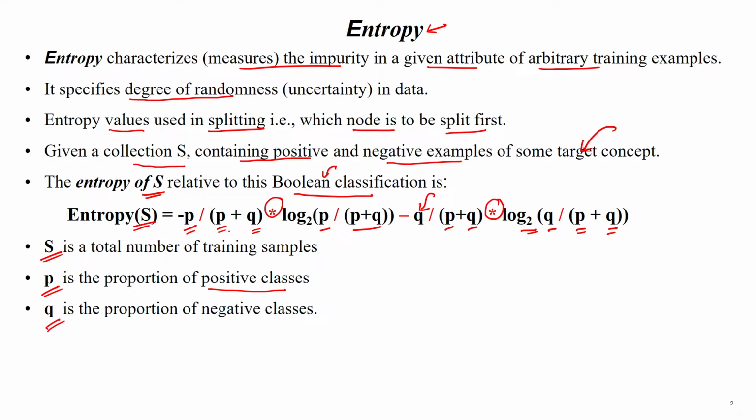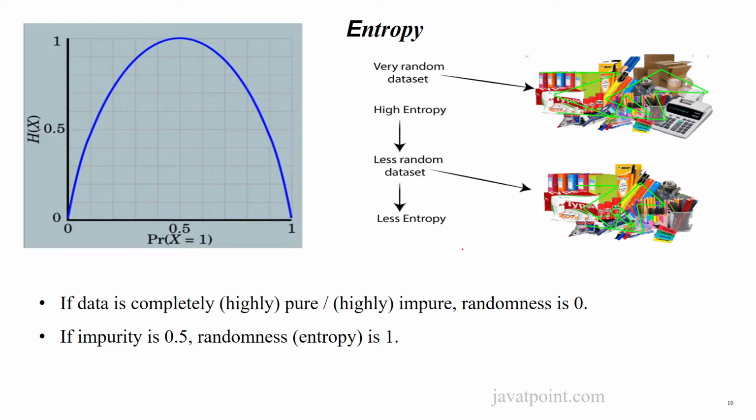Simply we can say, minus p divided by p plus q multiplied with log base 2 p by p plus q, minus q by p plus q log base 2 q by p plus q. So this is the equation to calculate the entropy for given attribute.